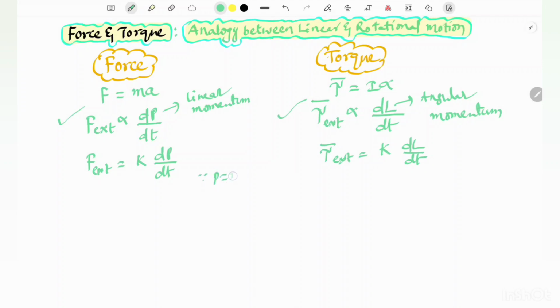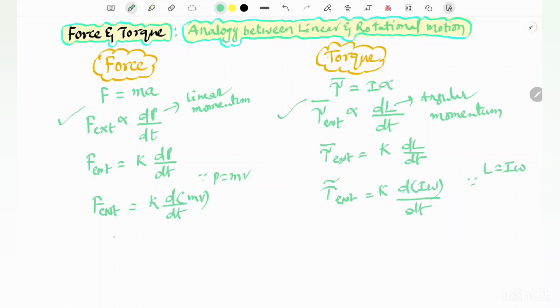Since P is equal to mv, the linear momentum in linear motion, by substituting the P value we get F external is equal to k into d by dt of mv. In the same way, the formula for angular momentum is L is equal to I omega. By substituting, we get tau bar is equal to k into d of I omega by dt.